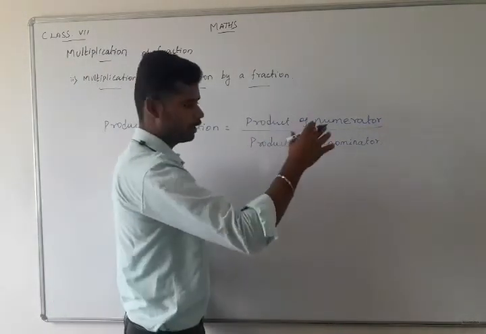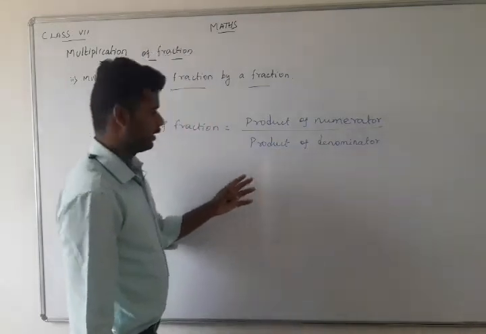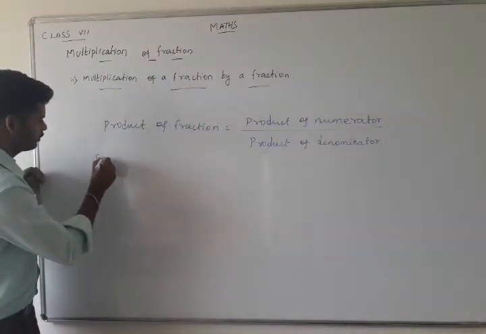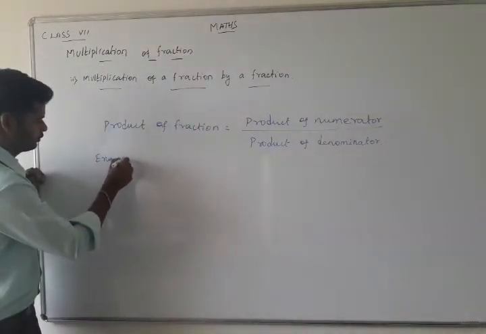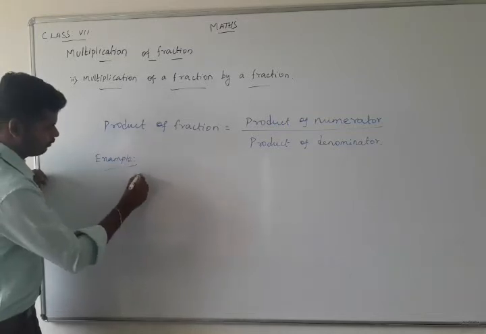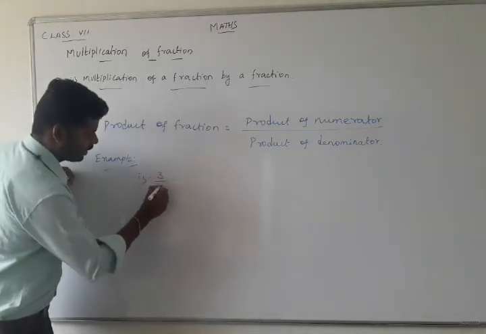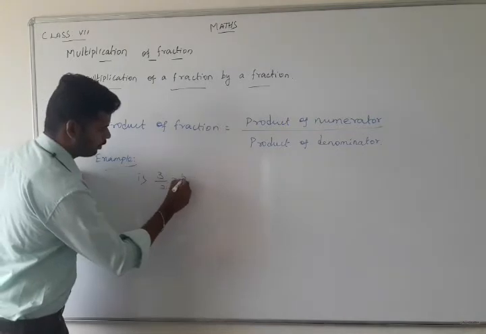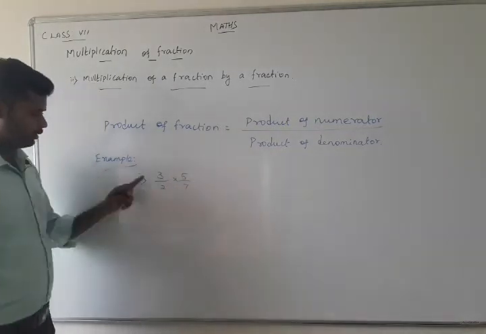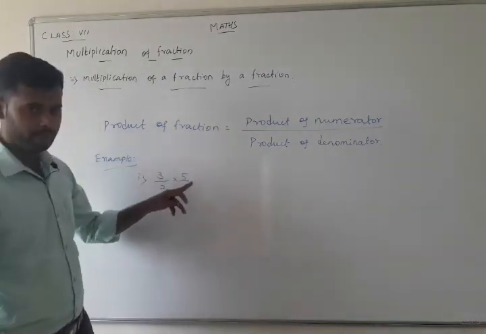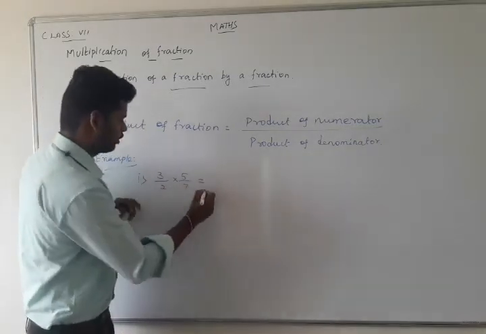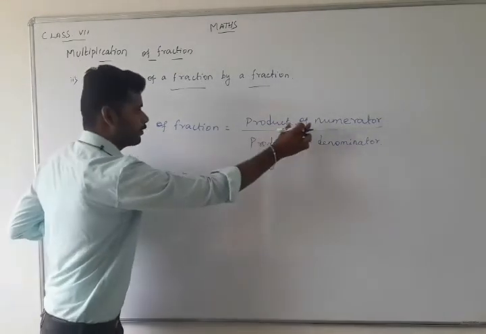Product of numerators, product of denominators. Example. First one, 3 by 2 into 5 by 7. 3 by 2 into 5 by 7 equal to product of numerators.